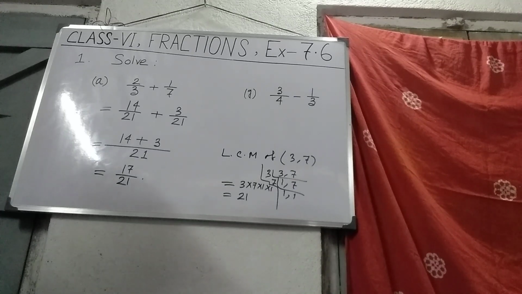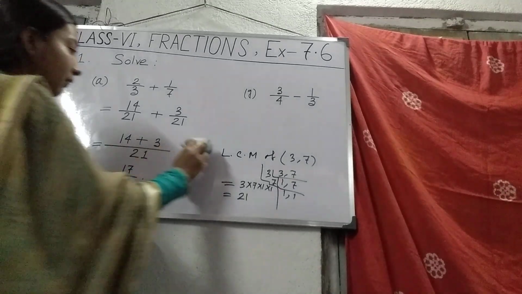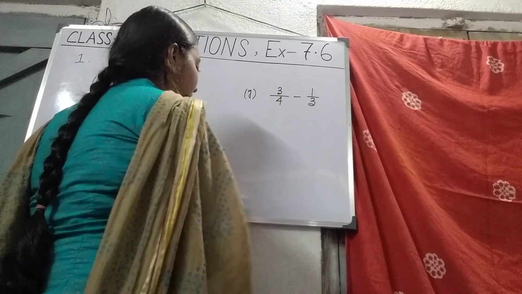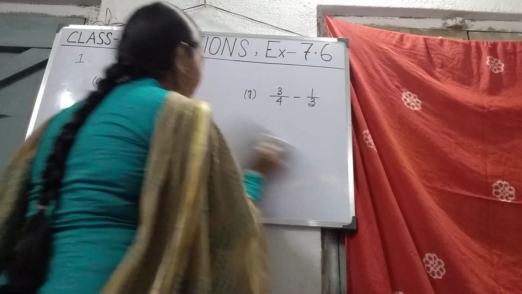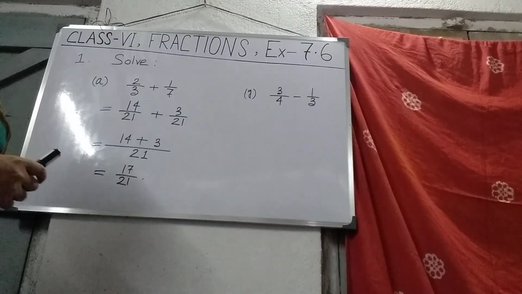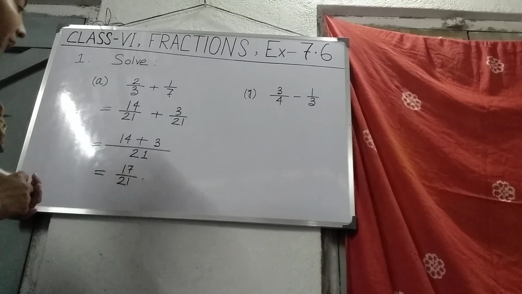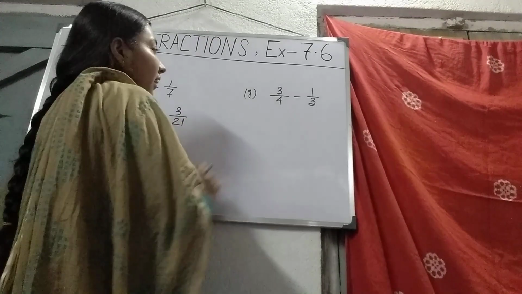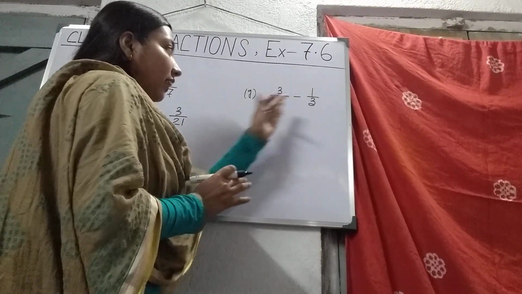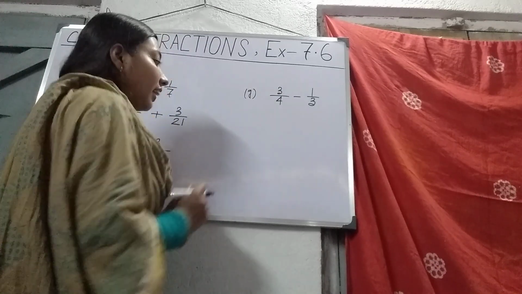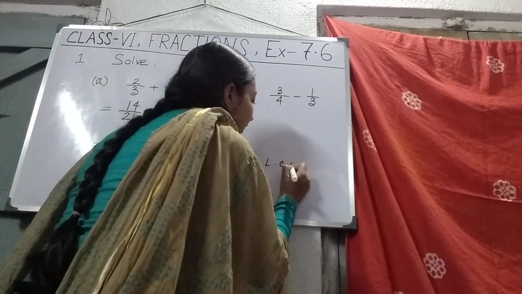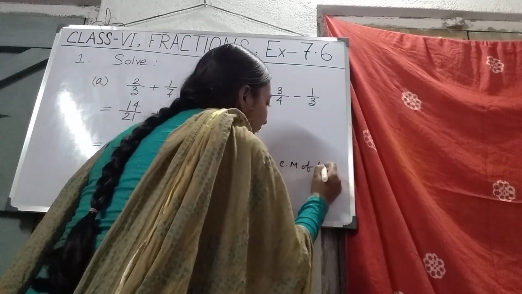Okay. Now we move to question number G. See, here two fractions are given and we have to subtract them up. Okay. So here the first denominator is 4 and the second denominator is 3. At first you have to find the LCM of 4 and 3.